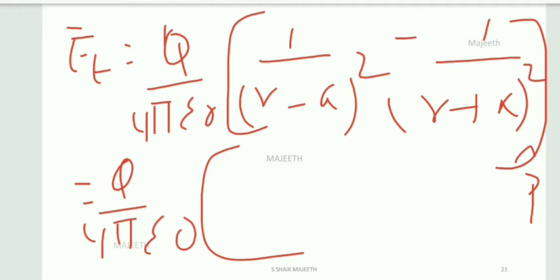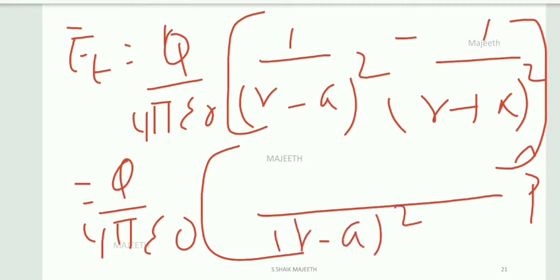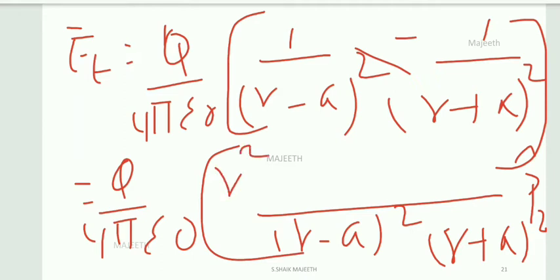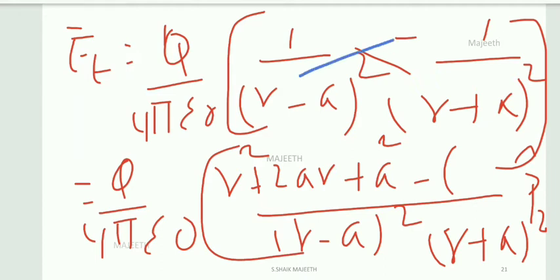Clear? So what we have to do? We have to simplify. Take LCM, right? So R minus A whole squared into R plus A whole squared, cross multiplication. R plus A whole squared means R squared plus 2AR plus A squared, minus of this fellow will come here.